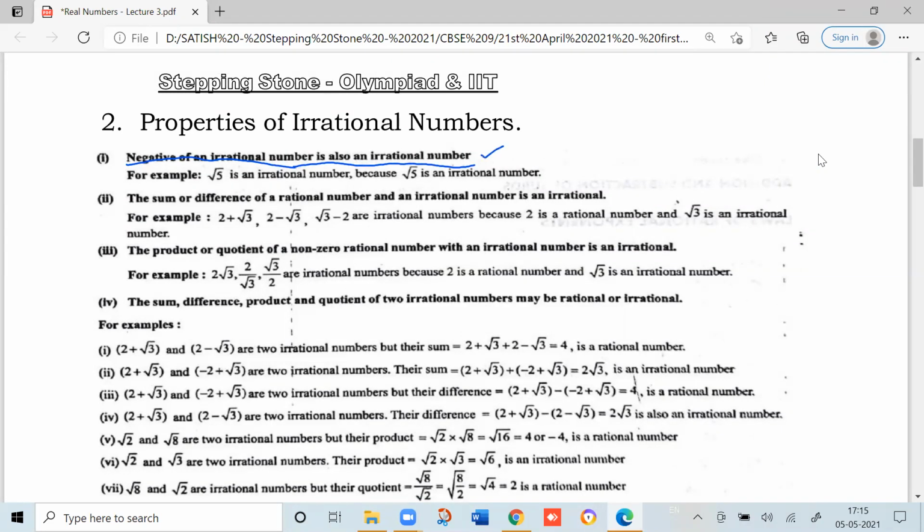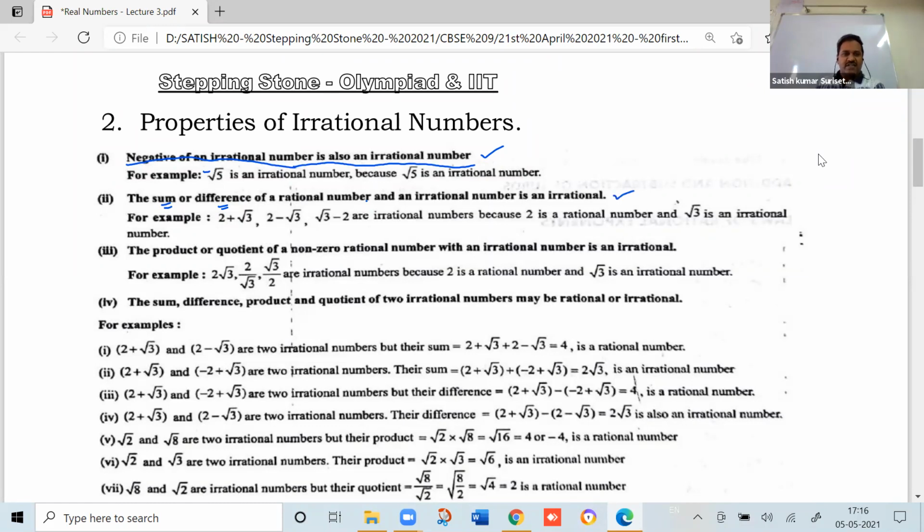Now, if I take minus root 5, here the symbol is not printed. Minus root 5 is an irrational number because root 5 is also an irrational number. That means when you multiply with minus 1, still it will be an irrational number only. Next, the sum or difference of a rational number and an irrational number is irrational only.